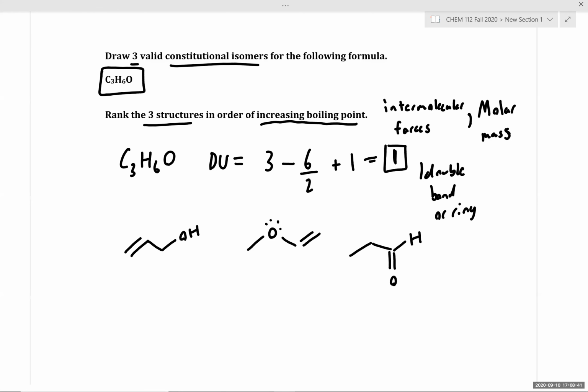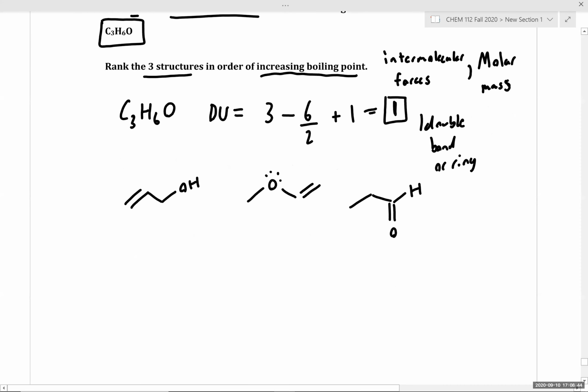Now, my question to all of you is, would anyone like to propose another constitutional isomer? Is there another constitutional isomer that we haven't drawn from this list? And don't be shy to use the annotate feature if you want to share another unique constitutional isomer that we can add to the list. Or you can state the functional group found in your proposed constitutional isomer.